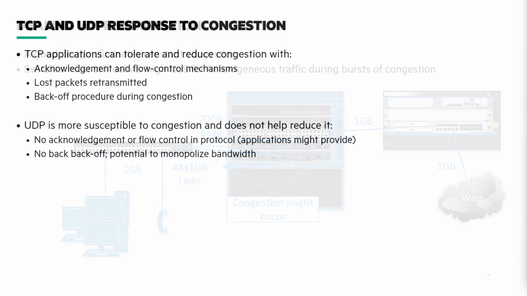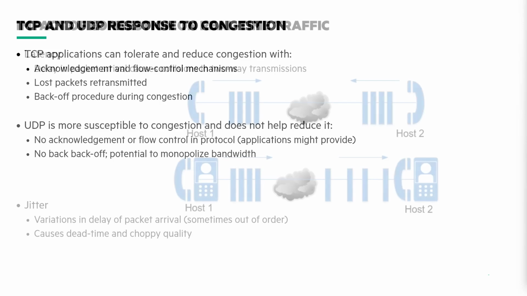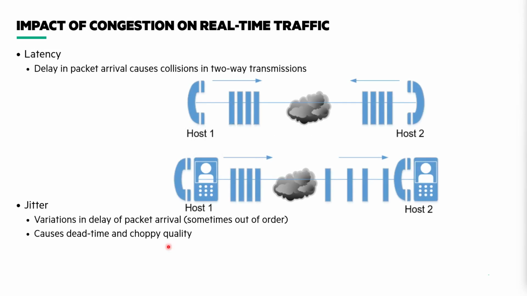We talk about two types of traffic here, TCP and UDP. TCP can back off, reduce the rate, and retransmit, so it can tolerate congestion to a certain extent, but UDP is more susceptible because there is simply no retransmission, no acknowledgement, and so on.